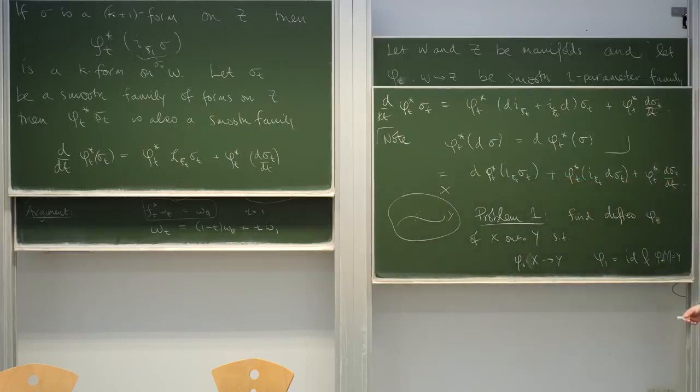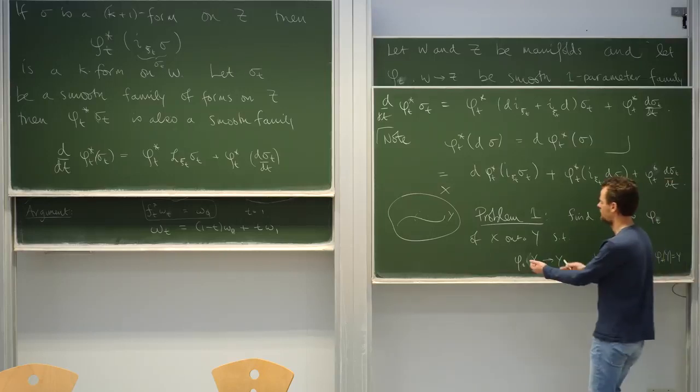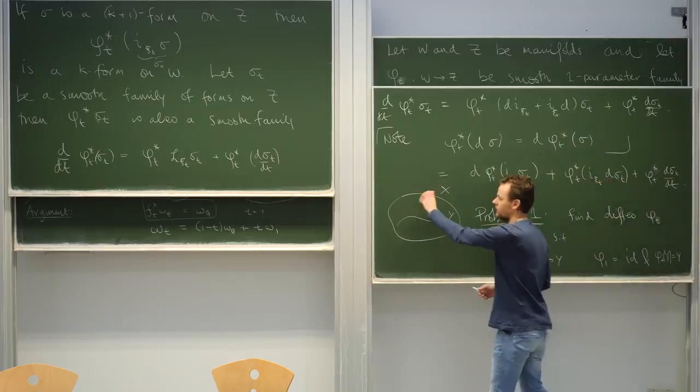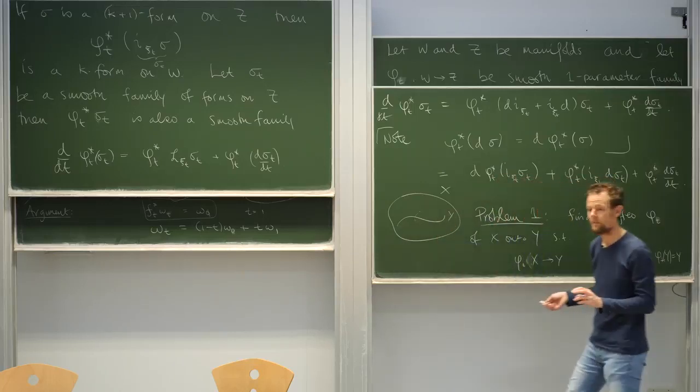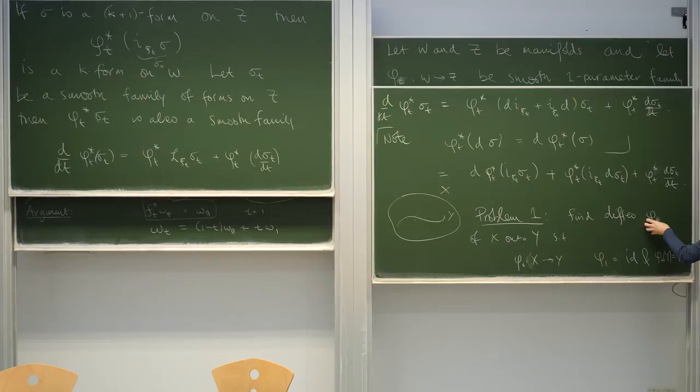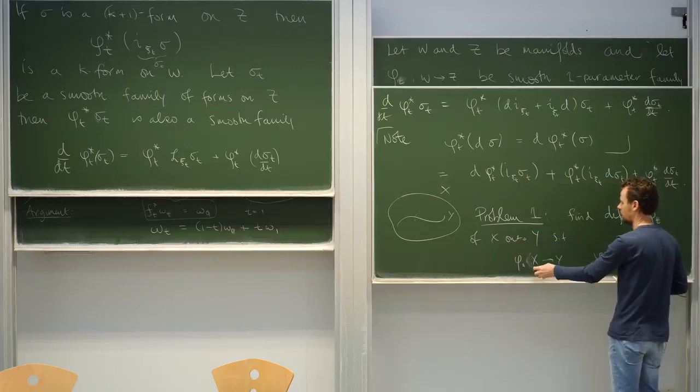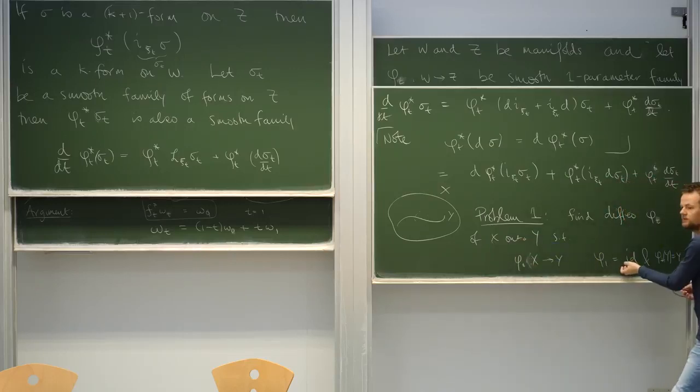And if you furthermore want that diffeomorphism, the last thing you want is that the diffeomorphism maps y to some other place. I mean, you don't want to mess up stuff that's true on y. So you want to find a diffeomorphism phi t of x onto y such that it's the identity when t is 1 and it always is equal to phi t of y for all t.